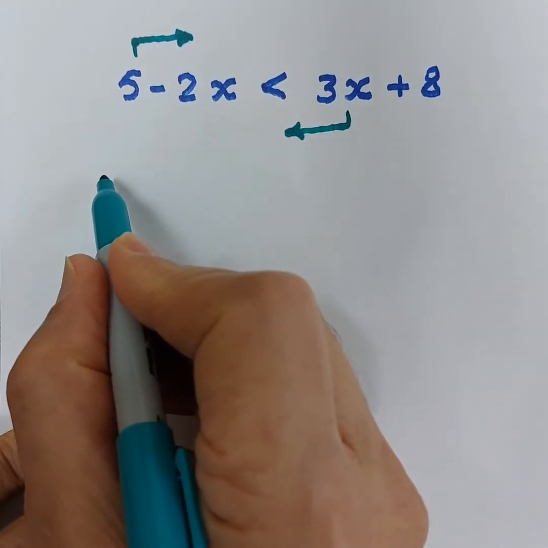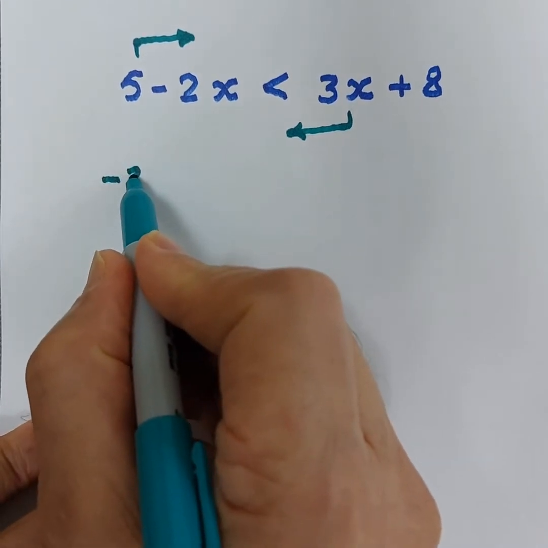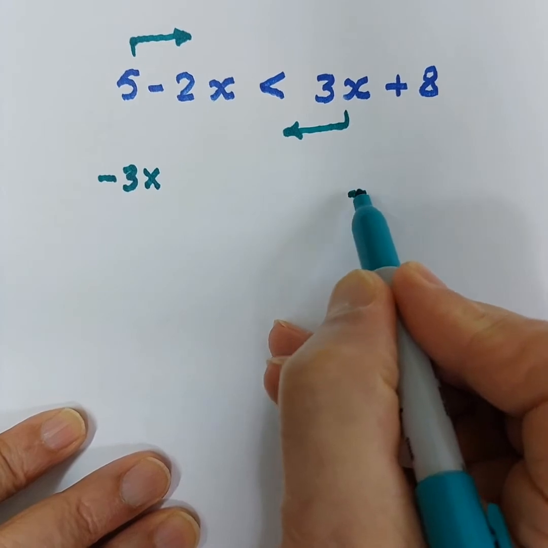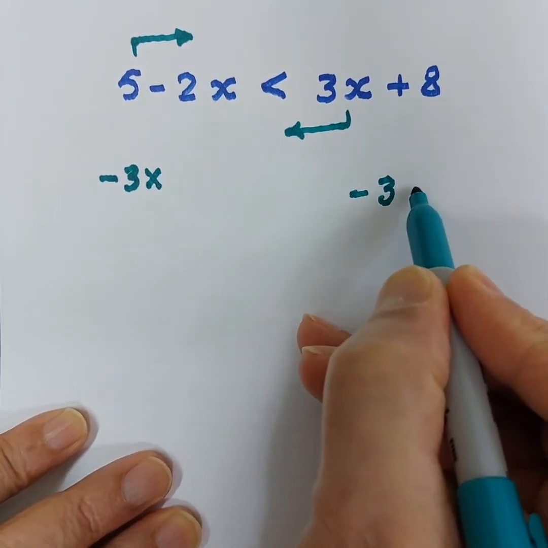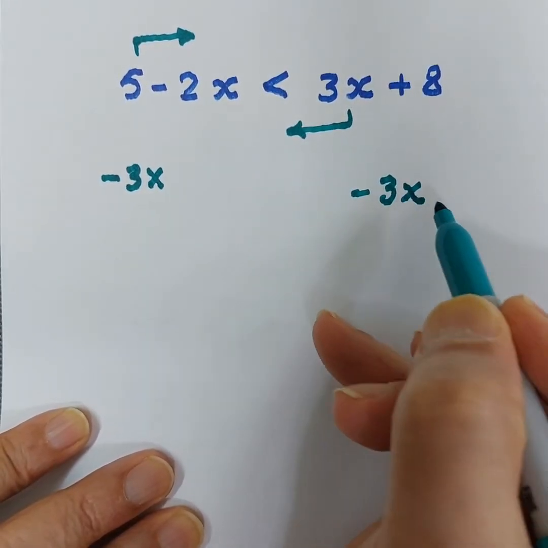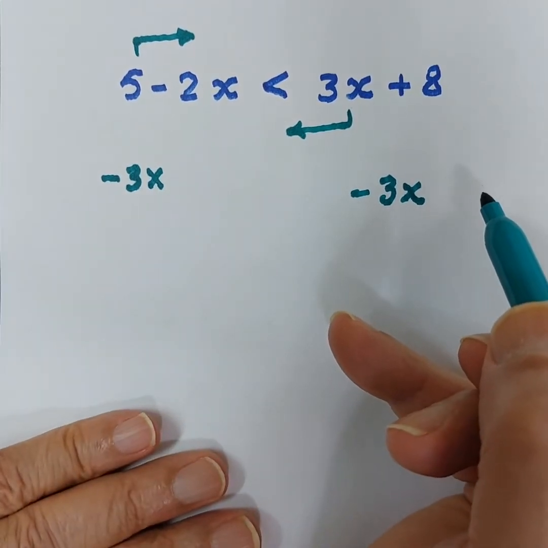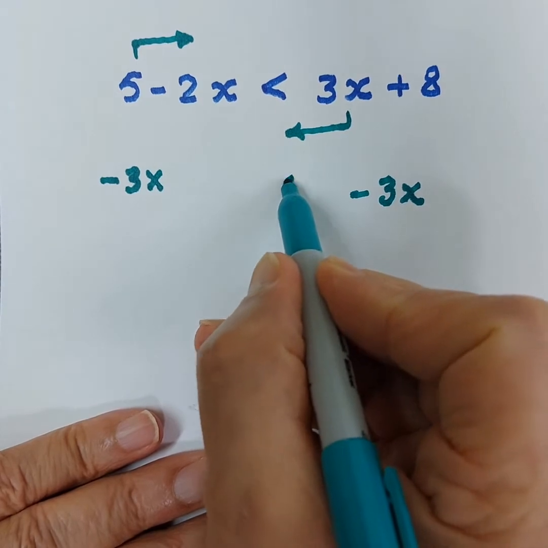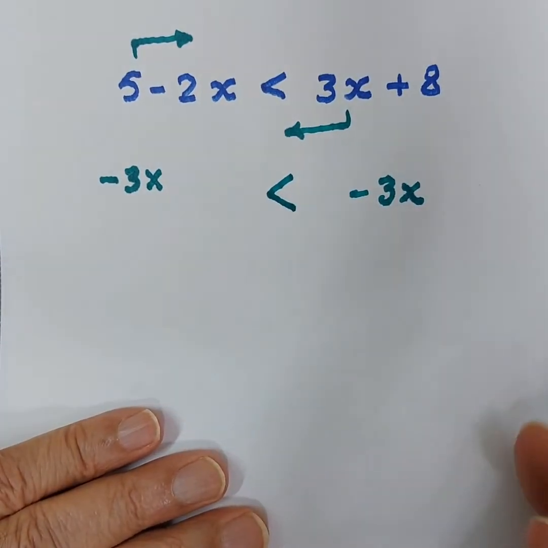We need to add negative 3x here and negative 3x here. You know, adding or subtracting will not change the sign of inequality. That means this sign should stay without a change.